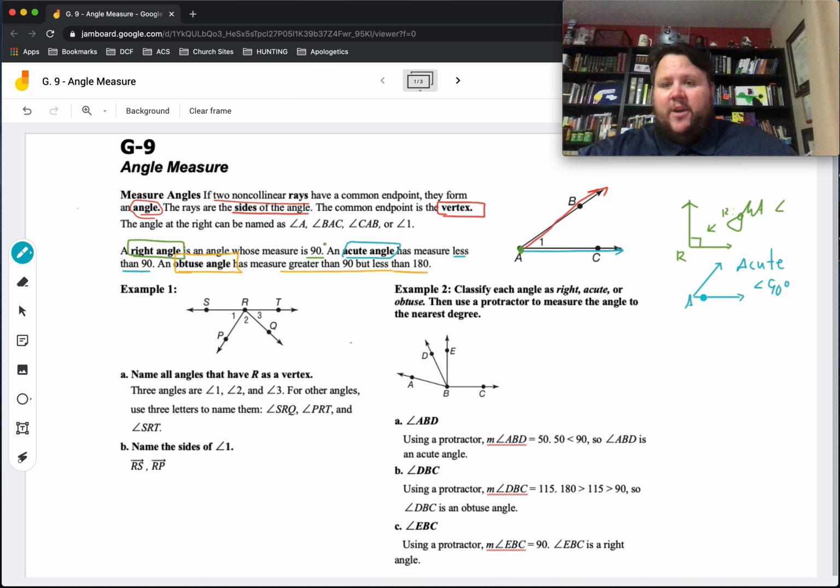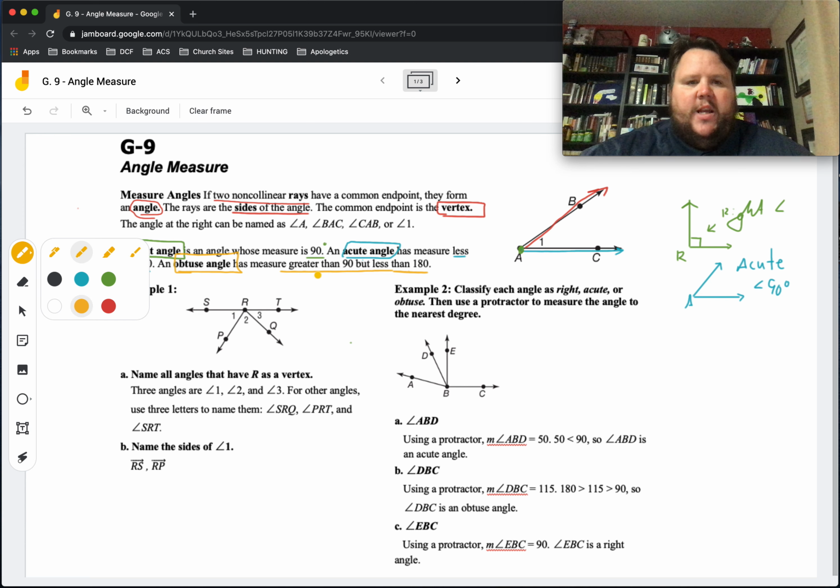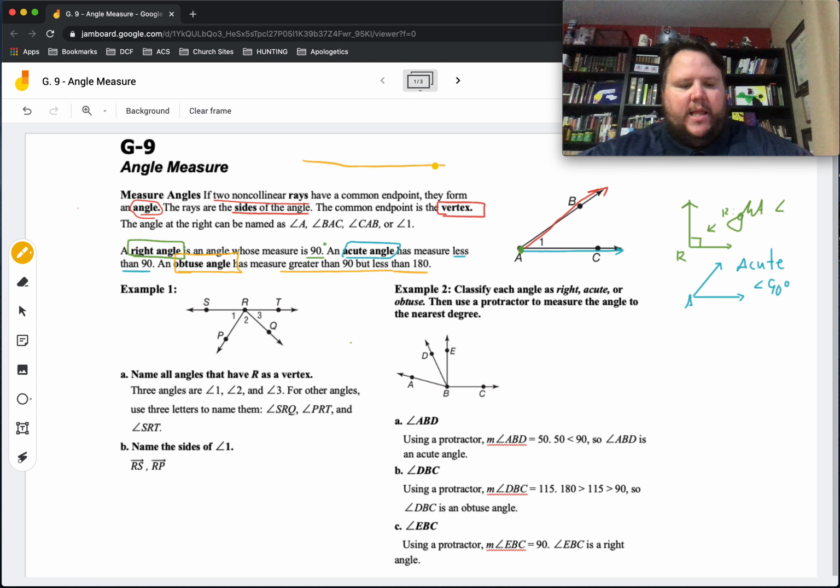So it's an acute angle because it's less than 90 degrees. And then we'll do an obtuse one. An obtuse one is greater than 90 degrees, but it has to be less than 180, because 180 is just a straight line. So that would be 180 degrees. It's a straight line.